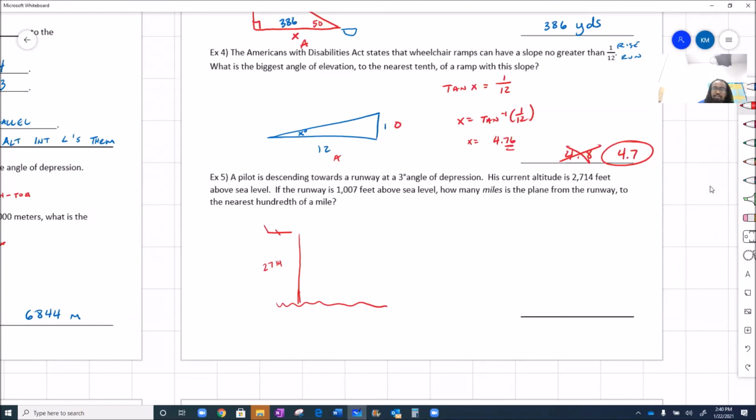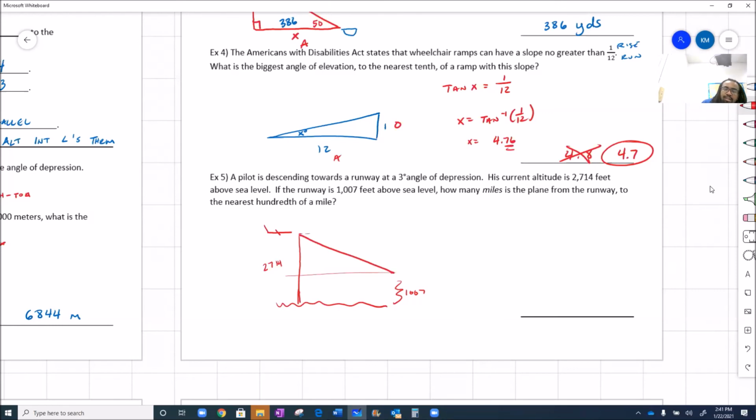So it's trying to get on a runway. How many miles is the plane from the runway, to the nearest hundredth of a mile? So as we look at this, draw this triangle in.